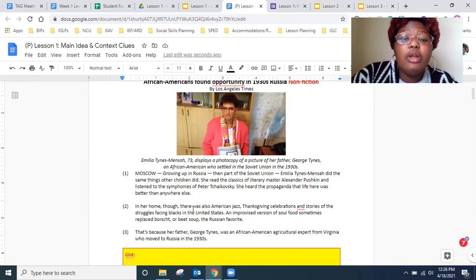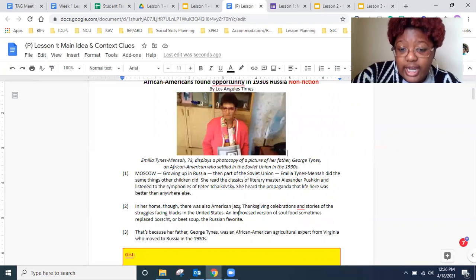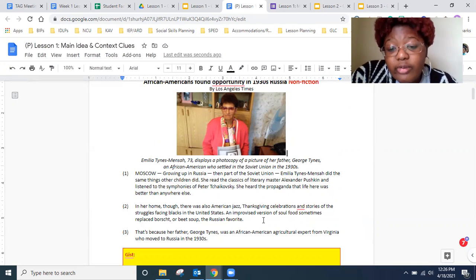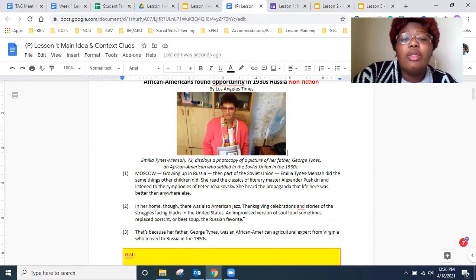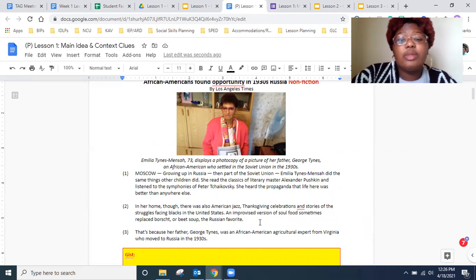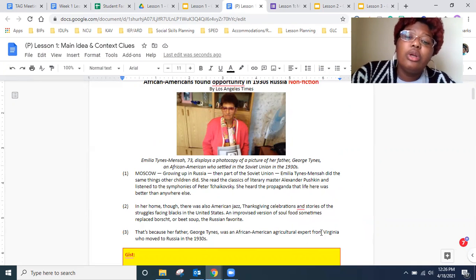In her home, though, there was also American jazz, Thanksgiving celebrations, and stories of the struggles facing Blacks in the United States. An improvised version of soul food sometimes replaced borscht or beet soup, the Russian favorite. That's because her father, George Teens, was an African-American agricultural expert from Virginia who moved to Russia in the 1930s.